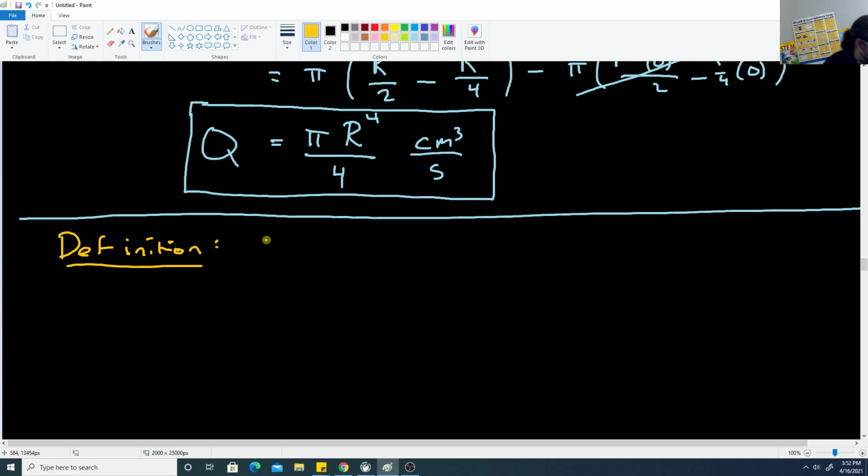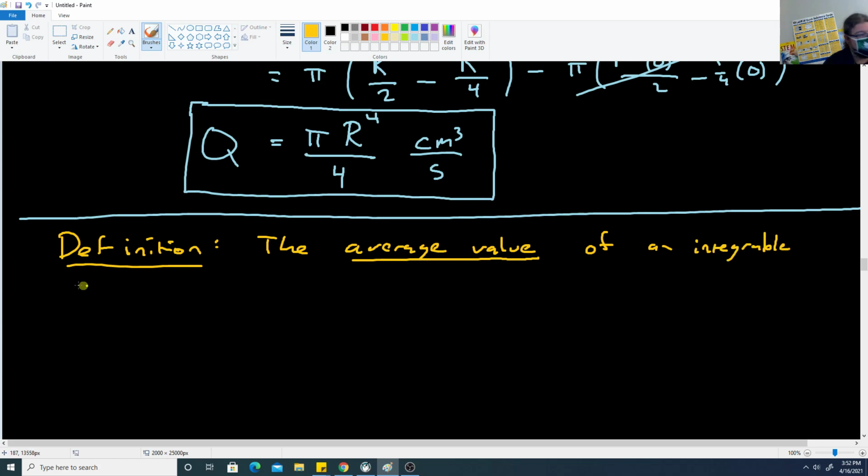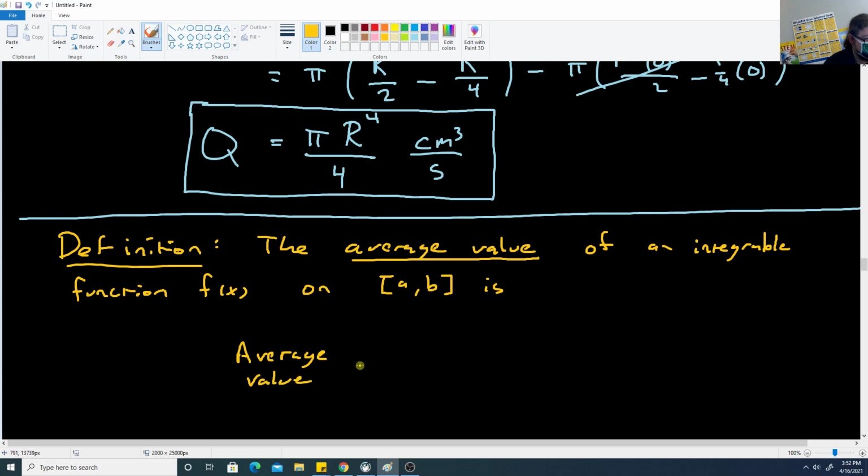For this definition, we say the average value of an integrable function f of x on a to b equals 1 over b minus a, integral from a up to b of f of x dx.